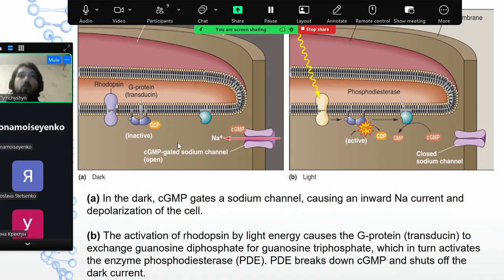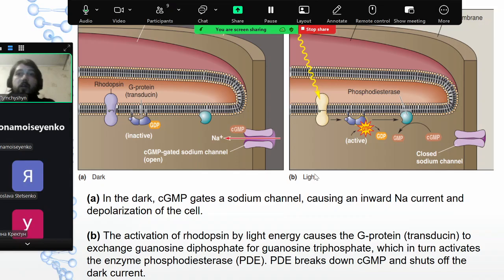Here is an even closer look at what happens at those discs. I have shown you the small discs, and here is a molecular example of what is happening there. In the dark, cGMP gates a sodium channel, causing an inward sodium current and depolarization of the cell. So sodium comes in, the cell depolarizes and generates a glutamatergic signal, let's say. And this is the inactive G protein.